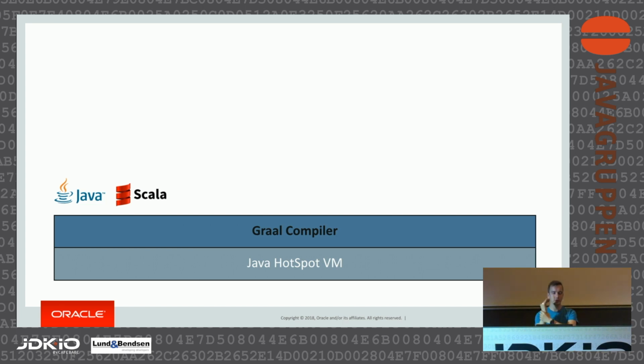So we'll talk about this in a minute, but you're in a very good situation. There are ways to get benefits from that on later JDKs as well, but it's a little bit less prepackaged for you. So on top of that Graal compiler, now we can efficiently execute Java bytecode.